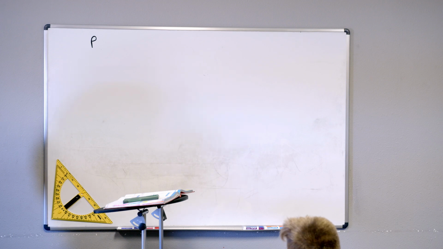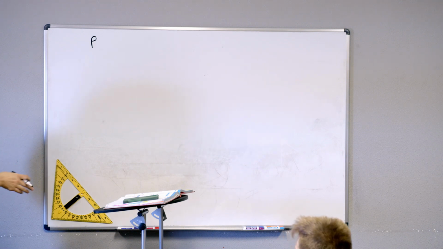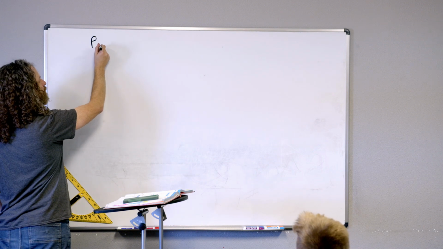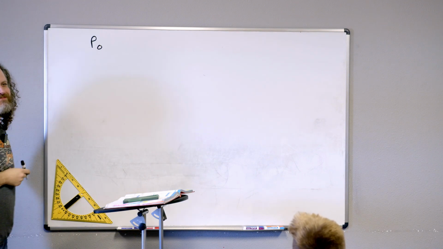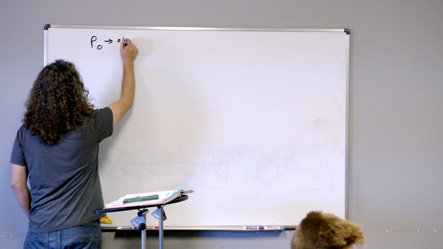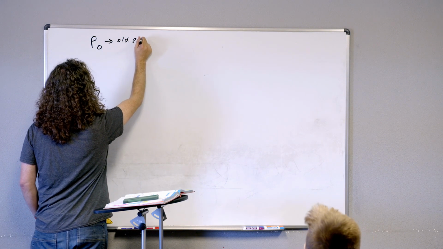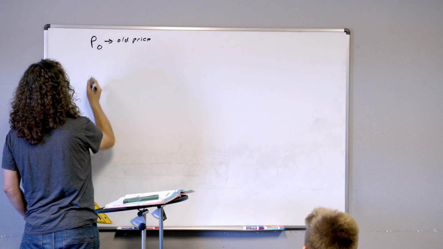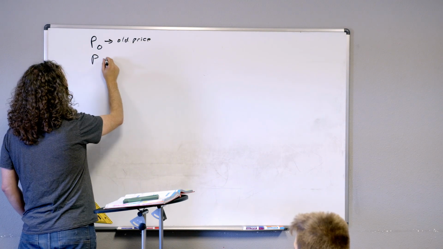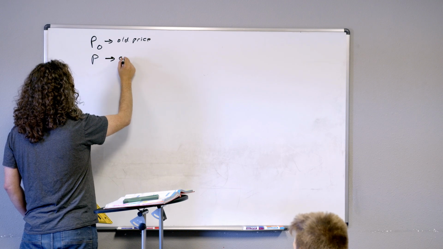We learned a way to make a variable that's like the old one. What could we add to this variable, P? We could do P naught, right? So P naught is the old price. And then there's the current price. We can just call that P, or if you want to do P2, that'd be fine too.